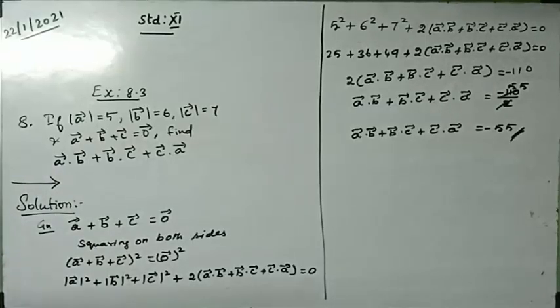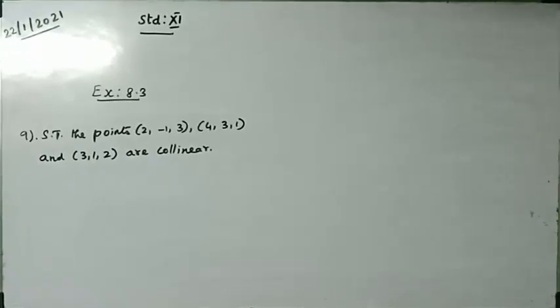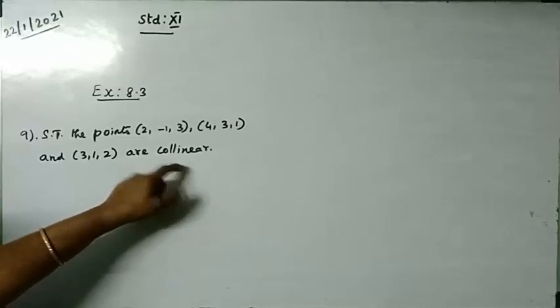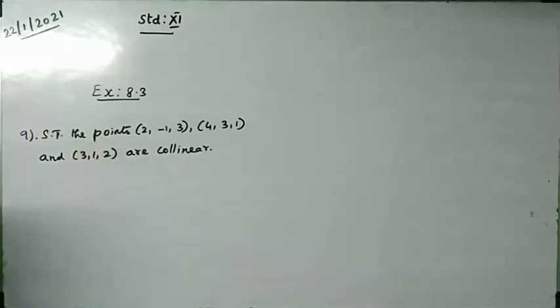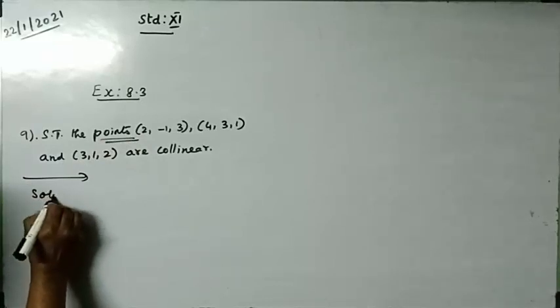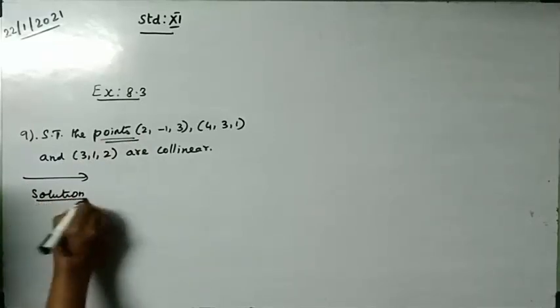And question number 9. Show that the points (2, minus 1, 3), (4, 3, 1) and (3, 1, 2) are collinear. Here we want to prove that the points are collinear, and it is given as points, not vectors, so we take them as position vectors.